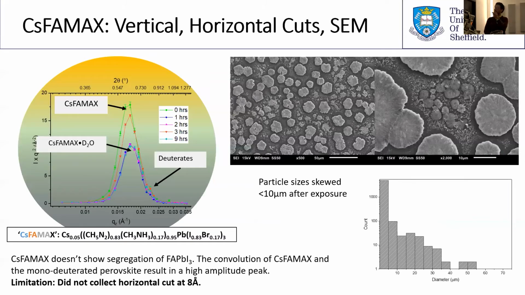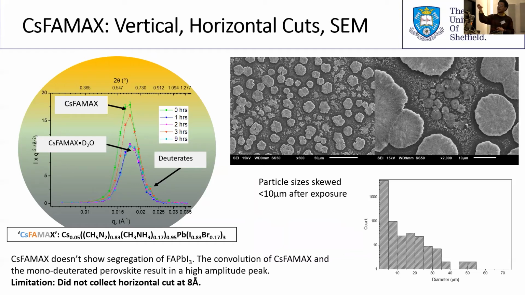The last sample I used was the triple cation, which gave you good stability and good optical properties. However, I'm limited in this data set because I did not collect the horizontal cut. But we can still look at the SEM and the particle size distributions.